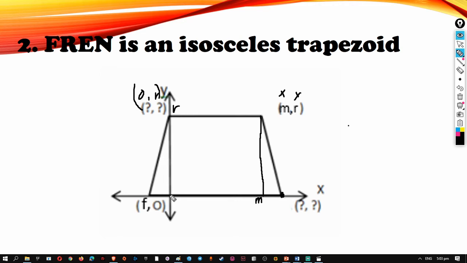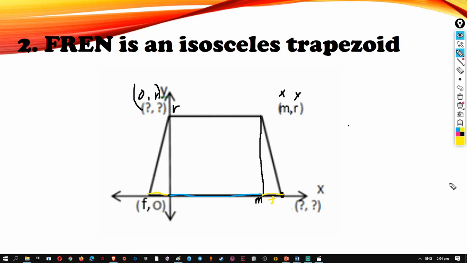So, from here, mula dito hanggang dyan ay M. So, ang problema natin, mula dito hanggang dyan ay ano? Okay, so dahil yan ay isosceles trapezoid, ibig sabihin, equal ito dito. Ang distance nito ay F. So, ibig sabihin, F din ito. F.